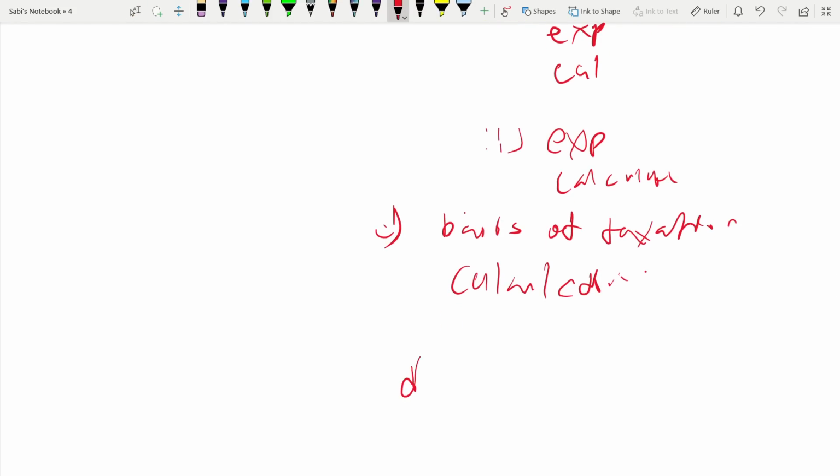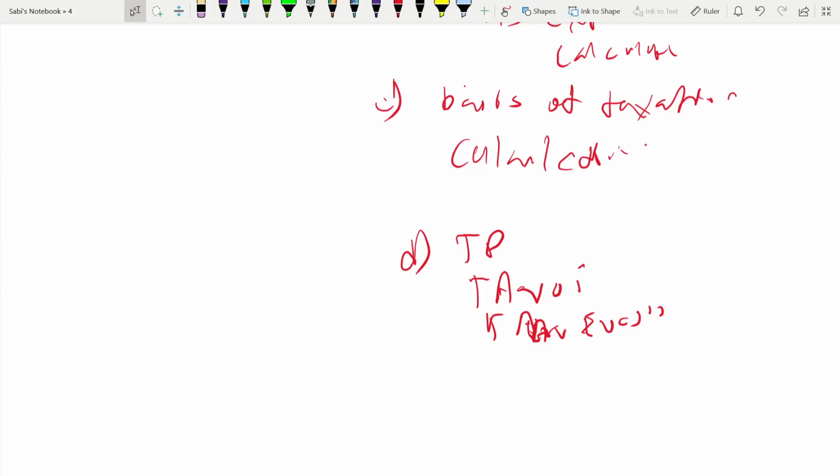Next is ethics. So ethics is first: tax planning, tax avoidance, tax evasion, one mark each, okay? And then you have to say that you have to investigate the scheme. It falls under which category?